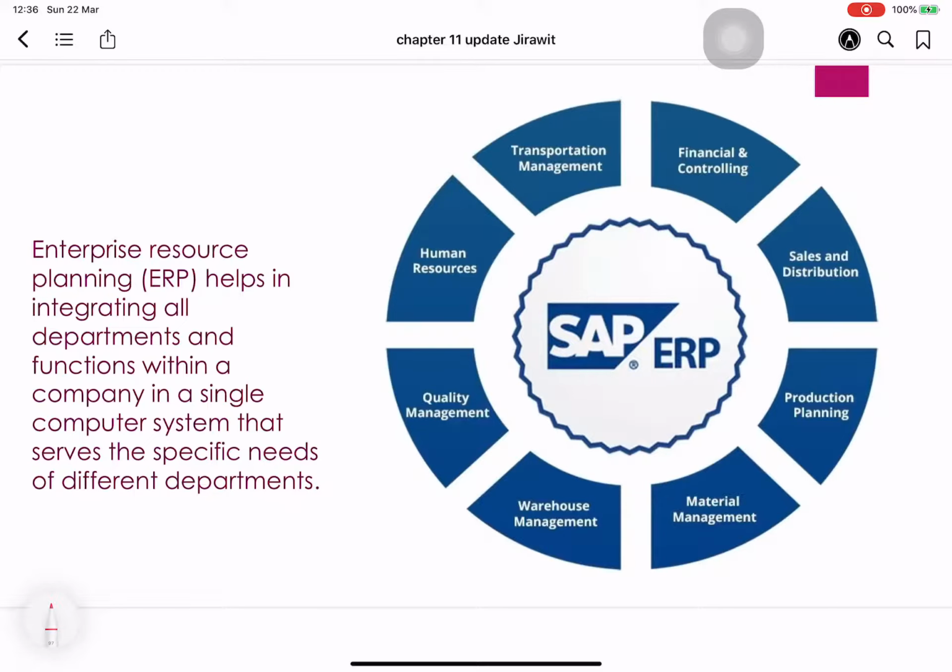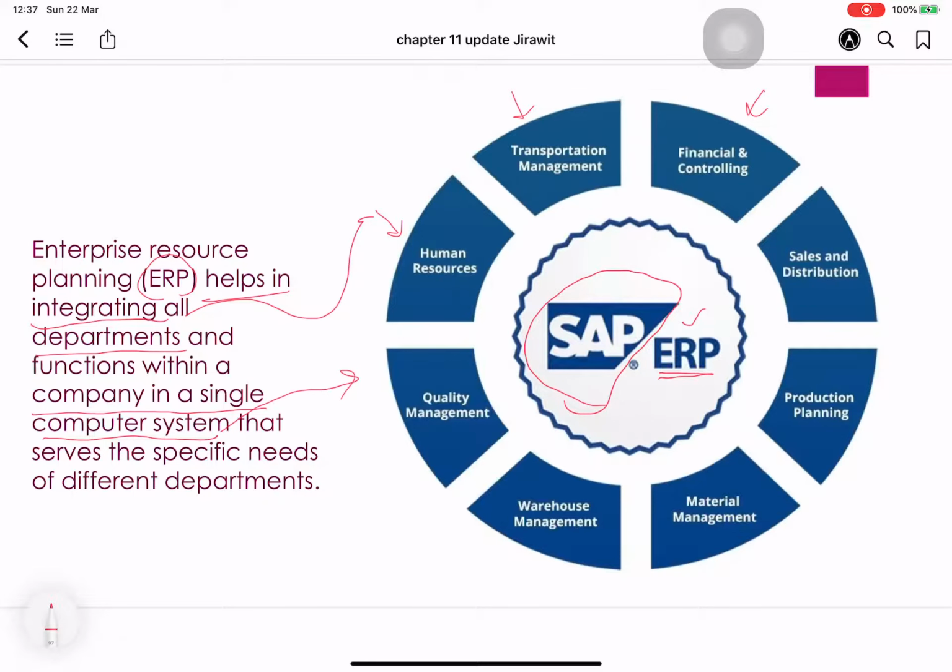Okay, the ERP helps in integrating all the departments. This is a department that integrate together, and the software is called the SAP, used to do the enterprise resource planning. Okay, the function within the company in a single computer system.